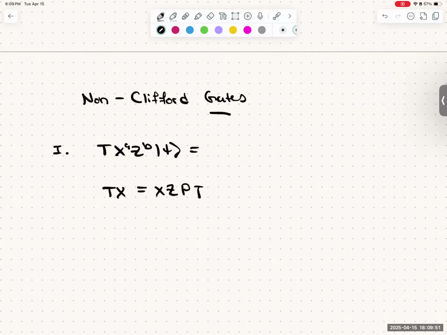What you get is X^A Z^(A+B) P^A T psi. So this doesn't work because the client doesn't have access to the phase gate.